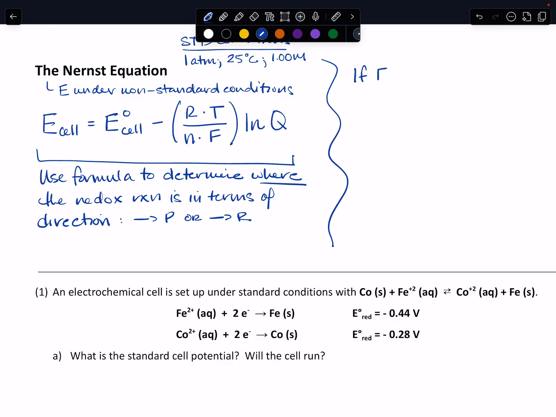If our standard cell potential is positive, then we want Q to be less than 1. In other words, we want to be still moving towards equilibrium. We want that Q value to have more reactants than products.